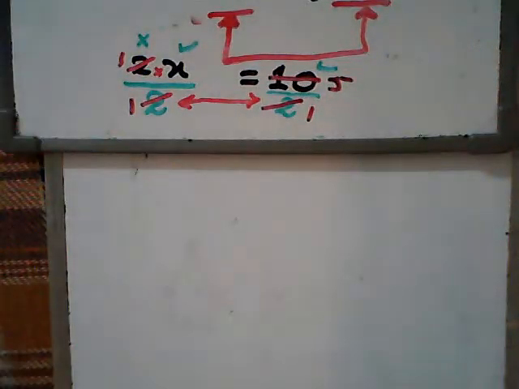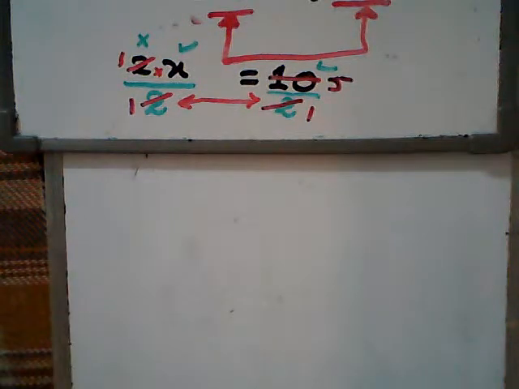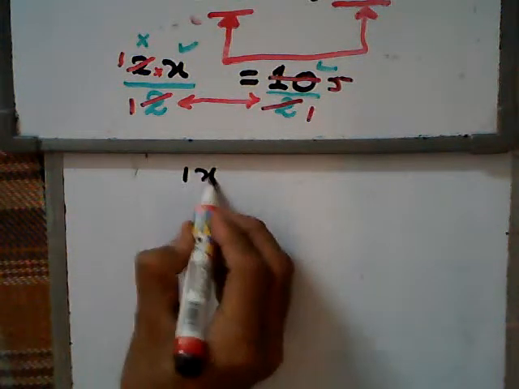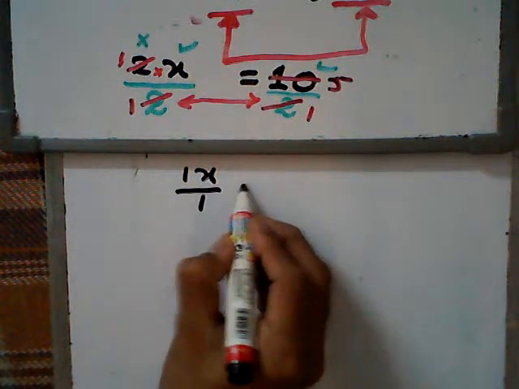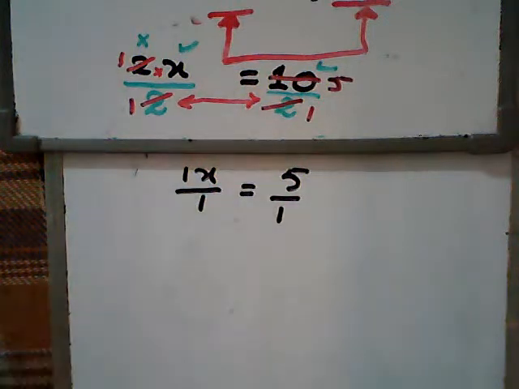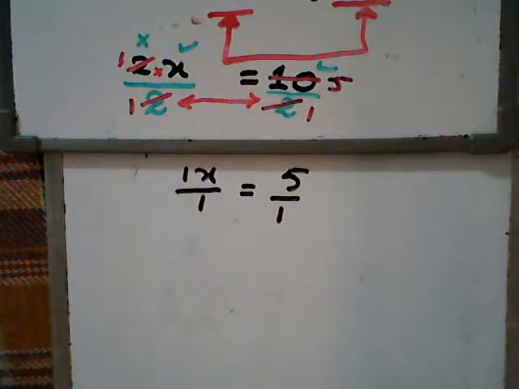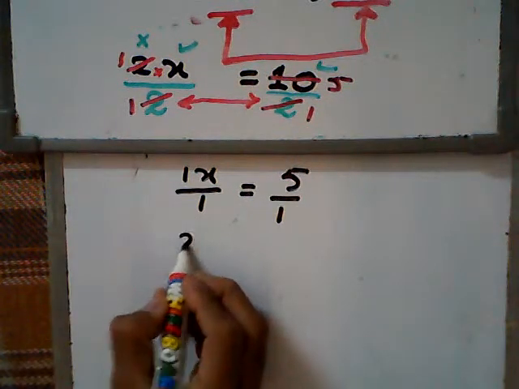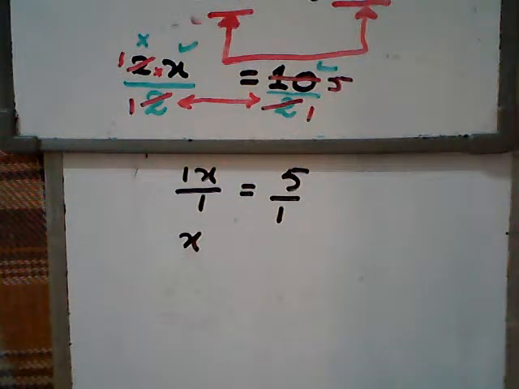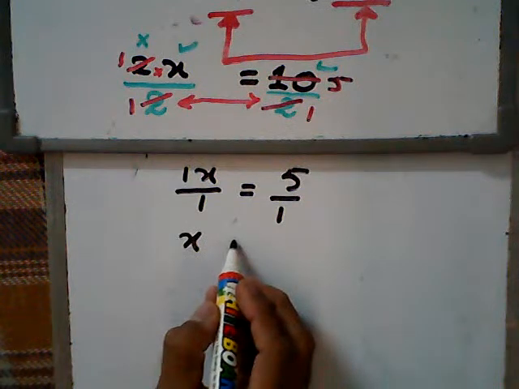Now we have 1x over 1 is equal to 5 over 1. We know that for a number which has a coefficient 1, we don't need to write it, so we're writing x as 1x. And the denominator 1 we don't write, so it remains the same.